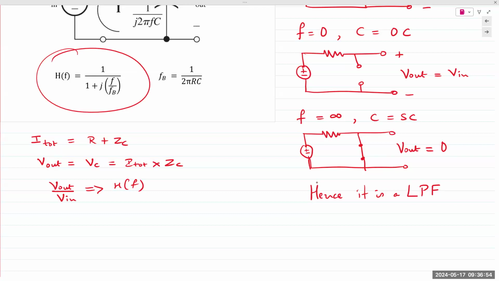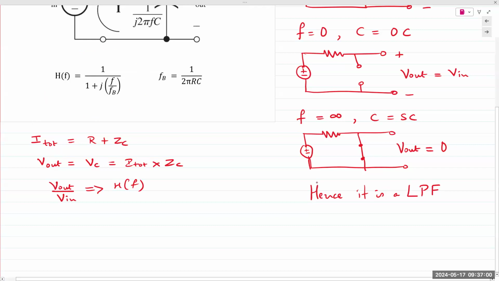F is the variable, depends on the value of the input frequency. And FB is a new term. It stands for break frequency or cutoff frequency, and it depends on the values of the components, the resistor and the capacitor. 1 over 2 pi RC.